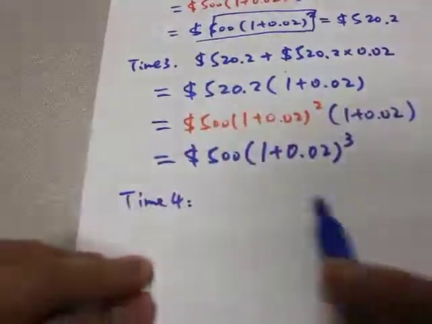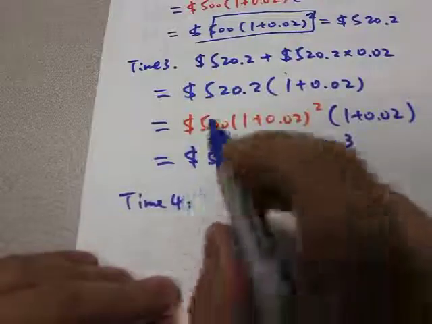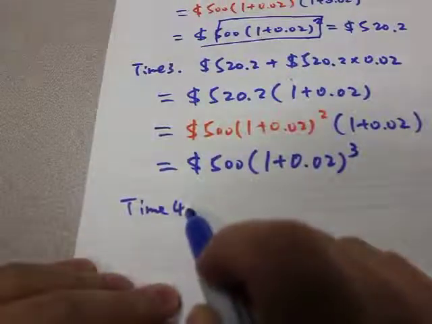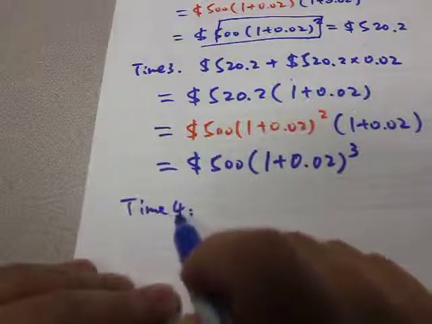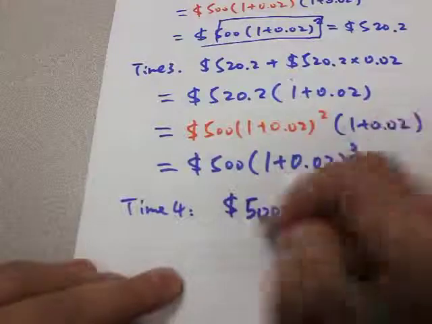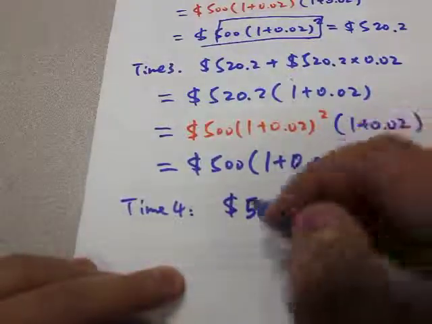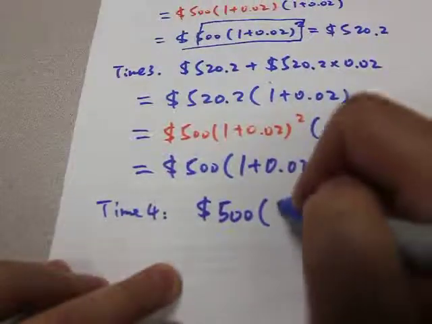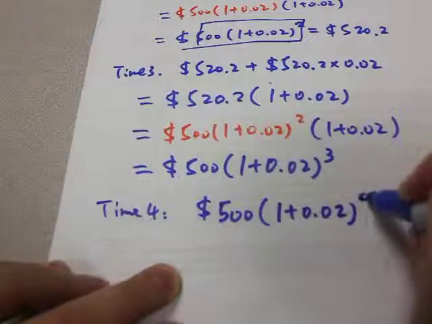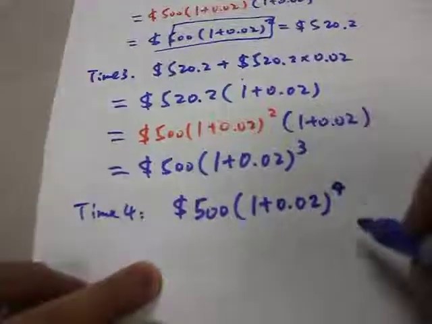Okay. Therefore, we will see at the end of the second year, or at time 4, the total amount of money can be written this way: 500 times 1 plus 0.02 to the power of 4.